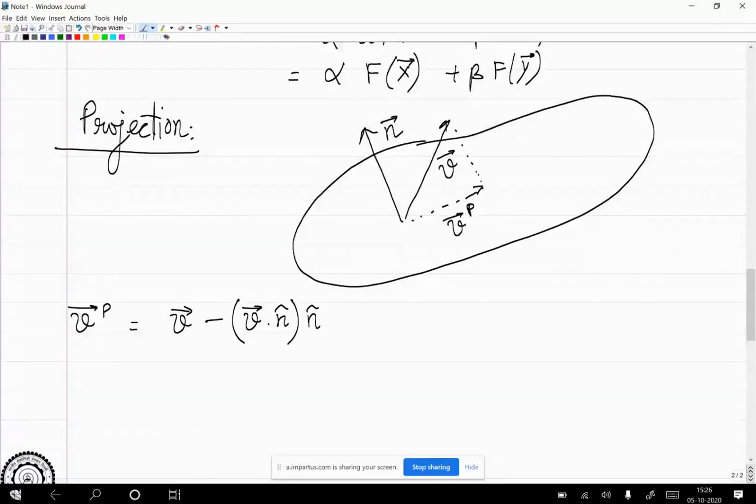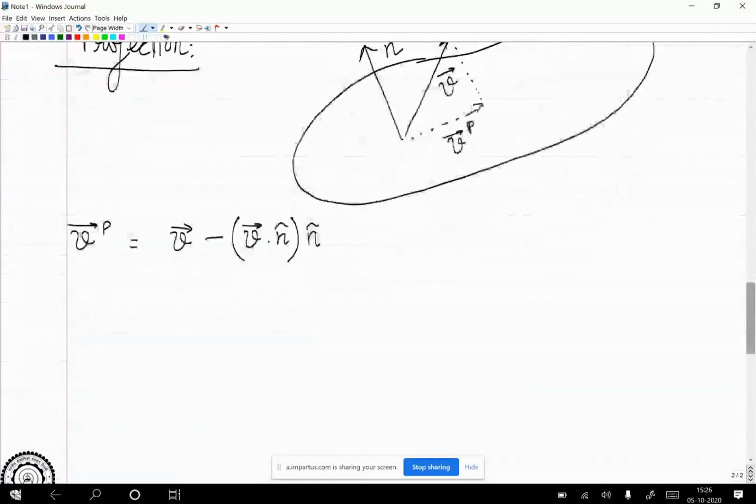You can also talk of what is called the domain of the transformation and the range of the transformation. So for a projection, what is the domain? Projection is like a function, so what is its domain? The domain is any vector in the vector space, so that's the entire R3.